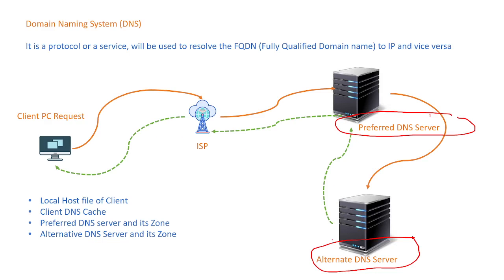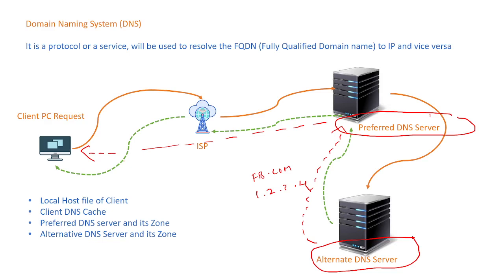It will send the response back to the computer which forwarded the query, the preferred DNS server, stating that I have a domain called facebook.com and the IP address is, for example, 1.2.3.4. Then this preferred DNS server will send the response back to the computer stating that you were looking for a record called facebook.com and this is the IP address of the website, 1.2.3.4. This is how the query happens.